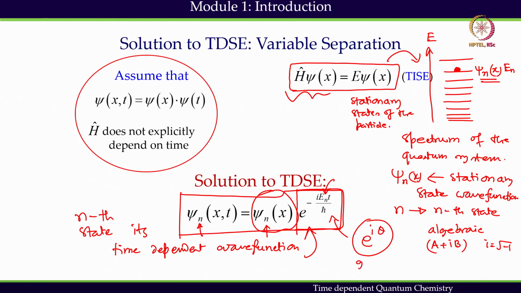So this is the geometric notation of the complex number. And this notation shows that this is the time dependent phase factor. So the time dependent phase factor in the total wave function comes as a complex quantity, which is basically the geometric notation of a complex number.